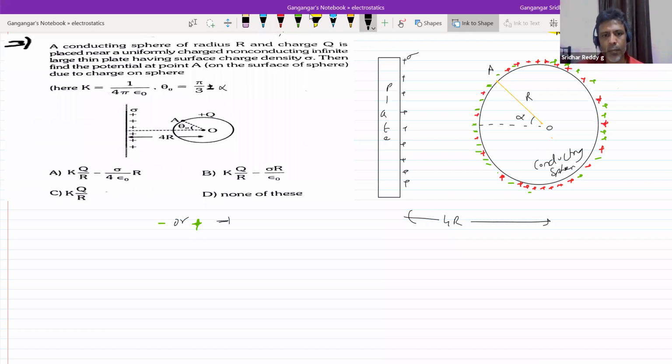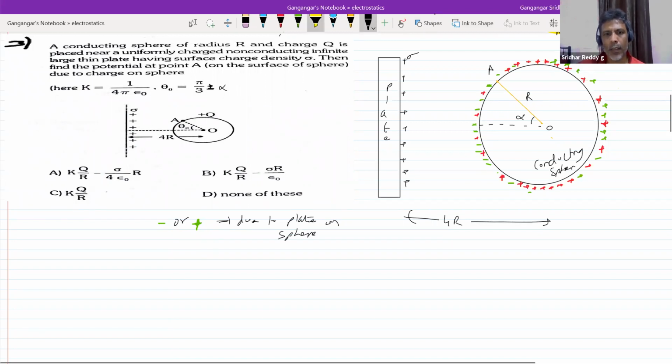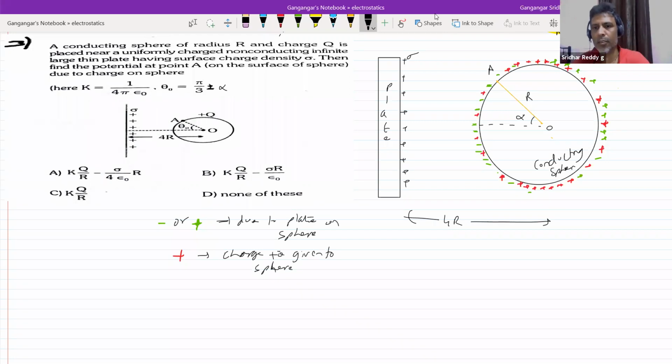Due to plate on sphere. And what is this positive, this particular sign? Charge plus Q given to the sphere. Is that okay? Okay, let's proceed here now.